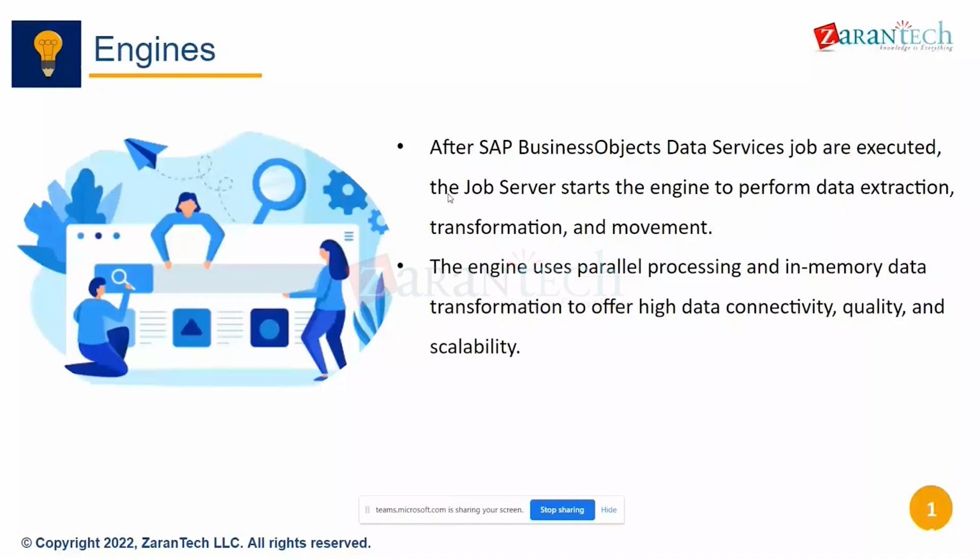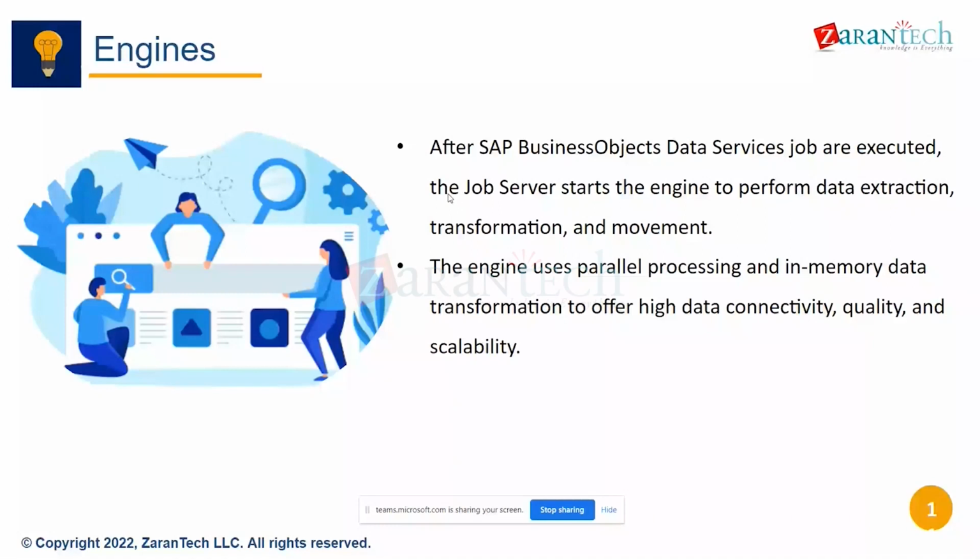It will impact the performance of the job, and the user won't be satisfied. At that time, we will connect to the admin team and ask them to create a job server group, which contains all the job servers available in the designer.